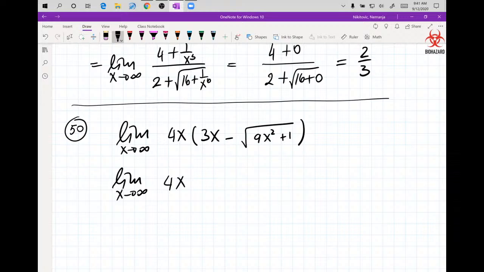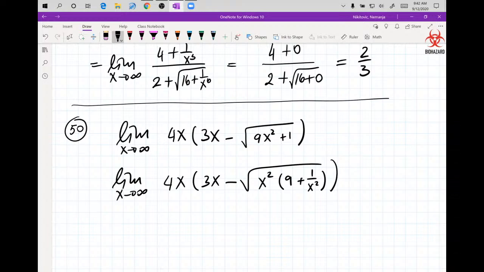The first thing I'm going to do is factor out x squared. And when I factor out x squared, I get 9 plus 1 over x squared here. So when I factor out x squared out of 1, well, there is no x squared there, so I just put 1 over x squared. Now, if you try to distribute this x squared, you will see that you get 9x squared, and then x squared and x squared will cancel, you will just get a 1. So this was all good, right? We're all done with this particular line.